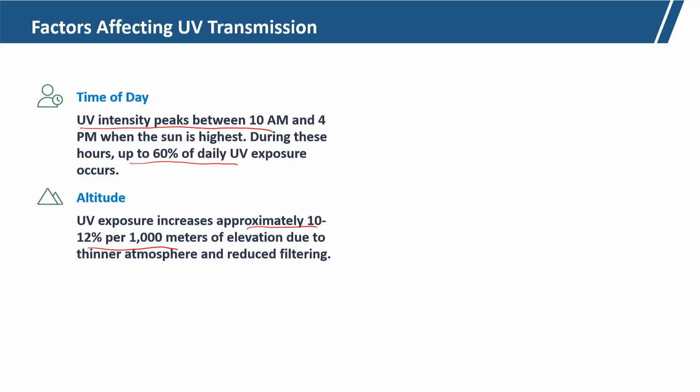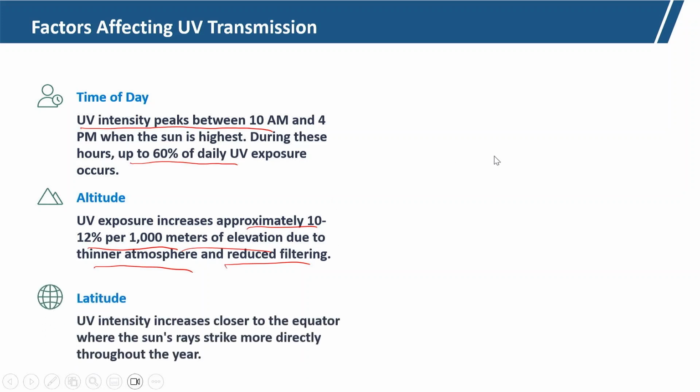We have to protect ourselves accordingly if we are going to high altitude. This is mainly due to the thinner atmosphere, which reduces the filtering. There is less oxygen, the moisture vapor is not that high at high altitude, and the particles which help in absorbing or scattering the UV rays are also not there.